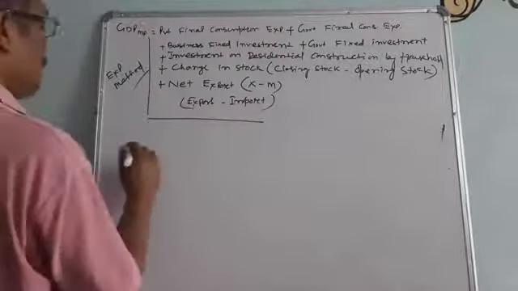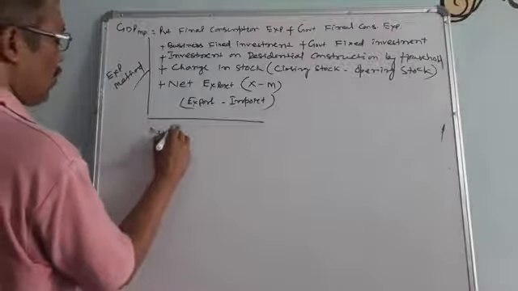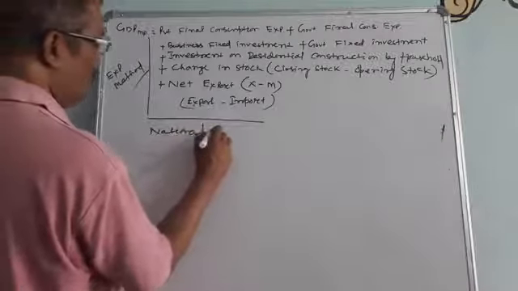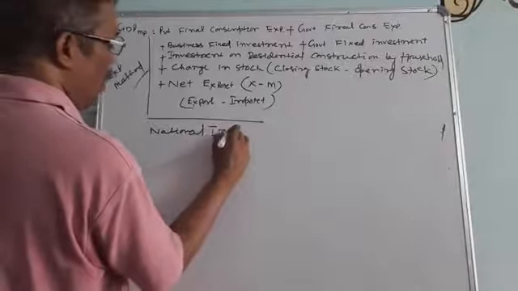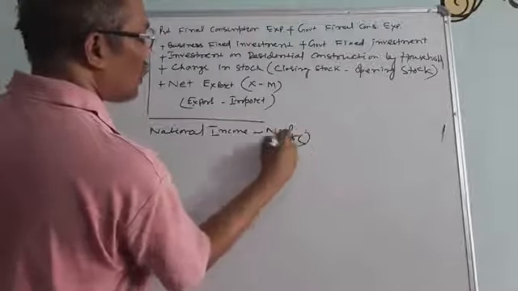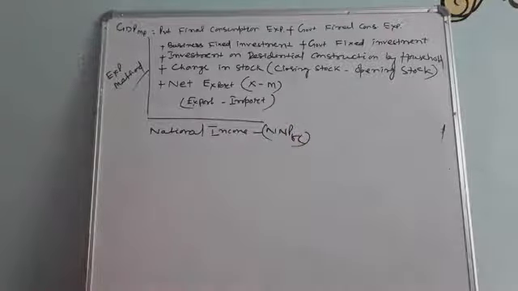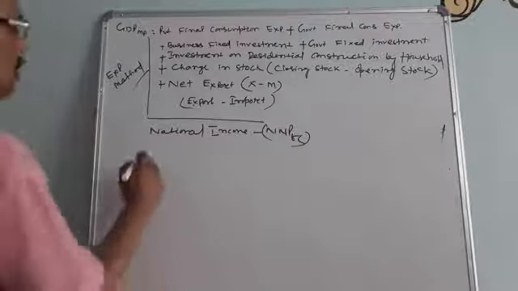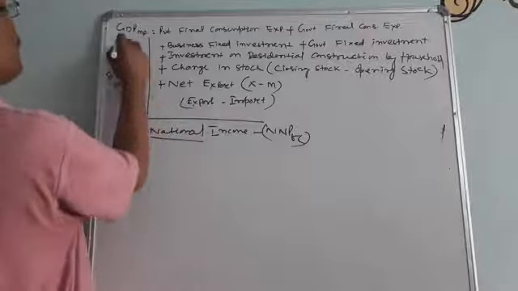Next, from that we have to find out the national income, that is NNP at factor cost. This is the GDP at market price.